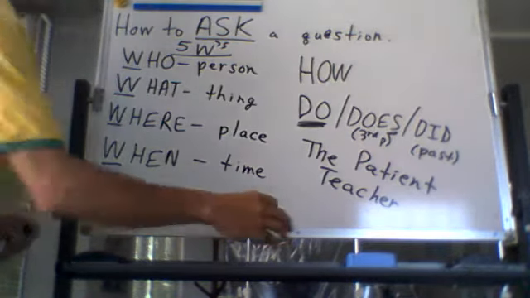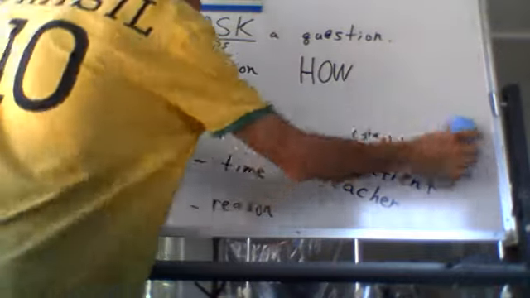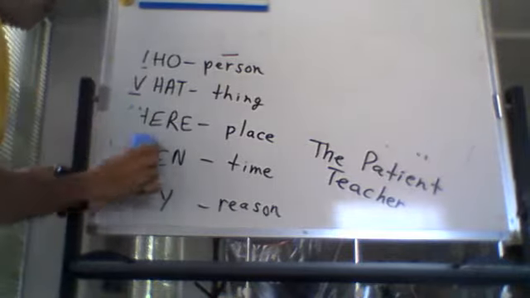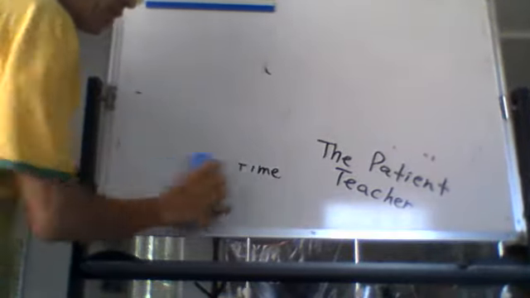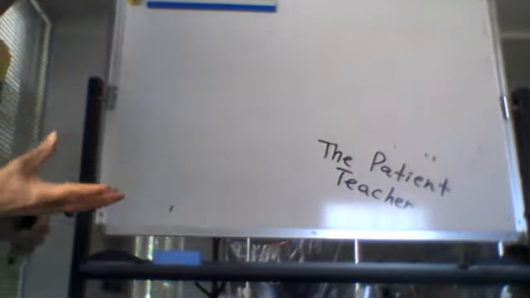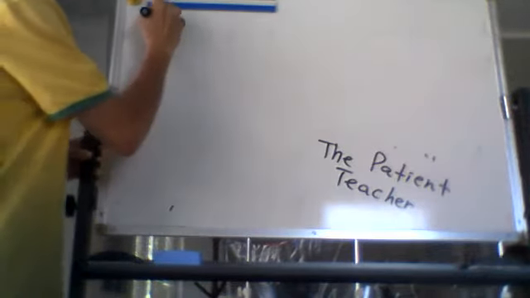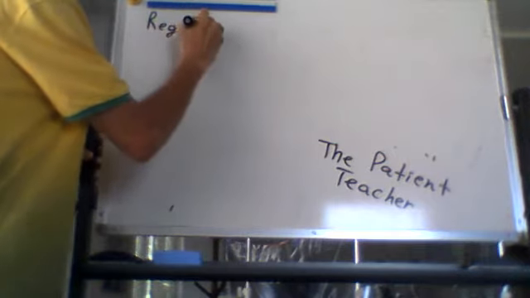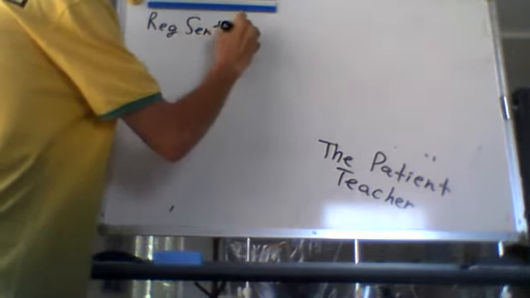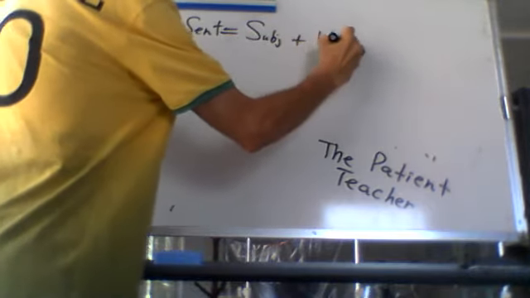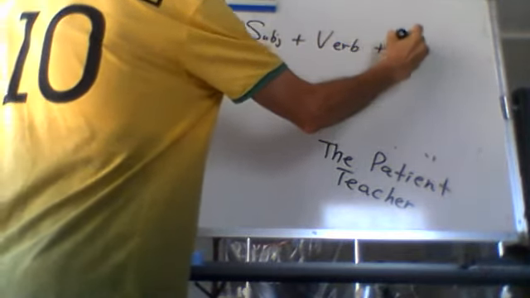Okay? So, if you're going to ask a question, you have to remember that the order compared to a regular sentence will be different. So let me demonstrate. A regular sentence will have subject, verb, object.